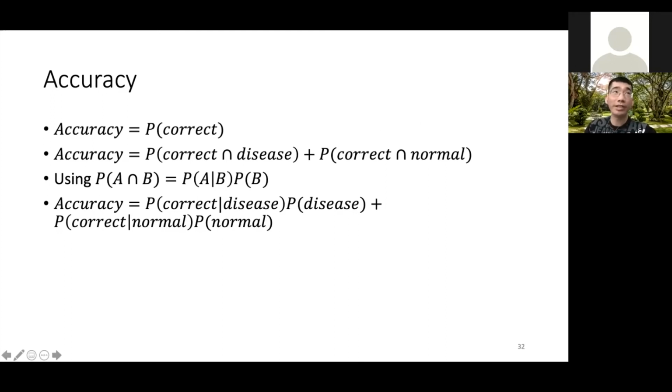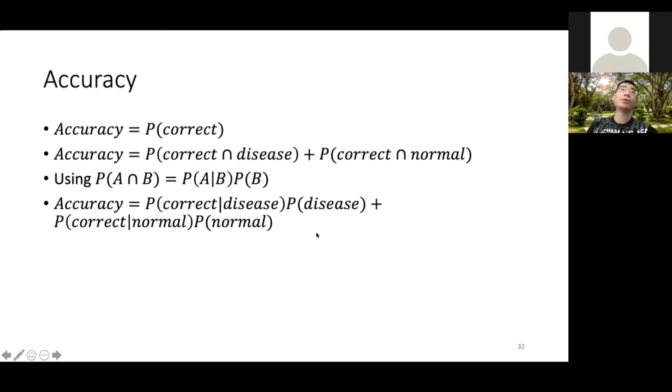As a reminder, it says that the probability of A and B is the probability of A given B times the probability of B. We can apply this to the first term, and to the second term as well.